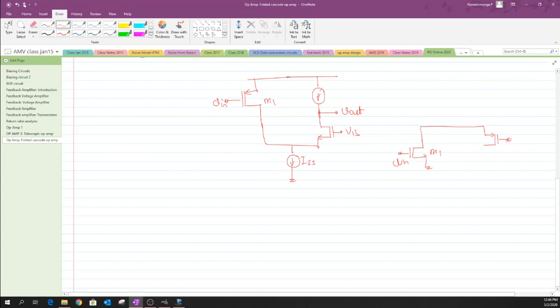The PMOS device, which is M2, is being biased with a potential VB, and the drain is where the output is taken, and even the load was being connected. Here is where we tap the output, and in order to properly bias the circuit, we had added a current source at the top, and we label this as ISS.